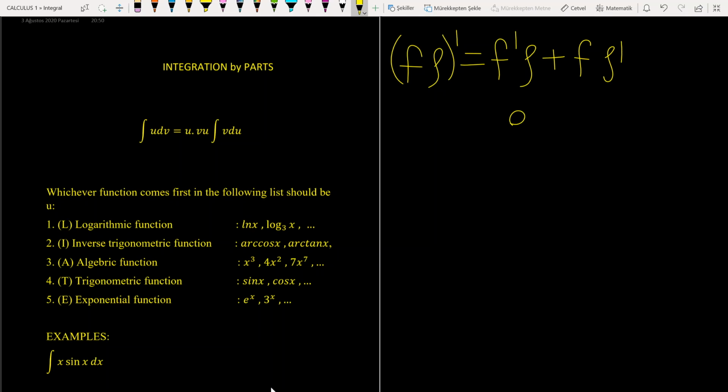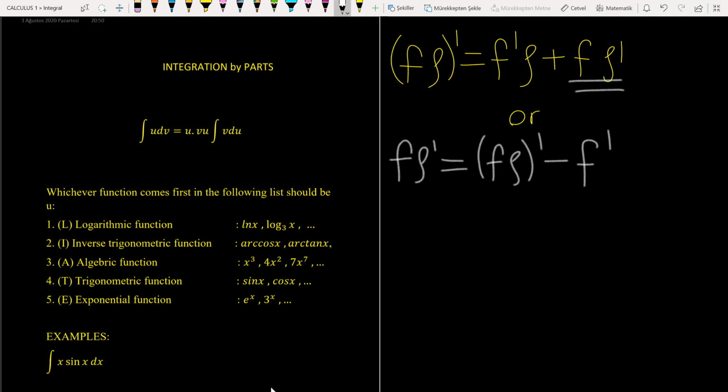Or if you isolate this term alone, you have f g prime is equal to f times g prime minus f prime g.